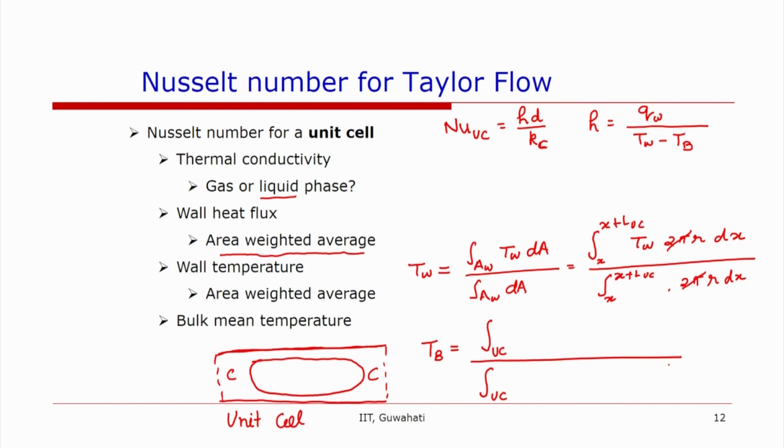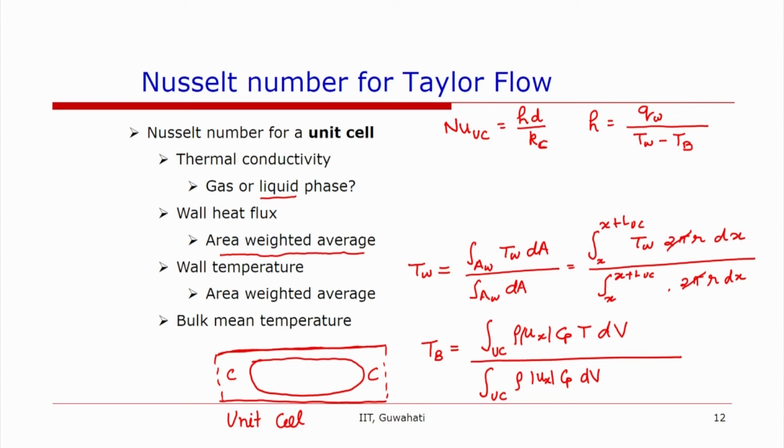So, we will have the integral of rho u x Cp T dV divided by the integral of rho u x Cp dV. That will give us the bulk mean temperature.